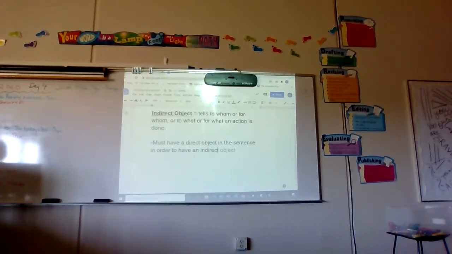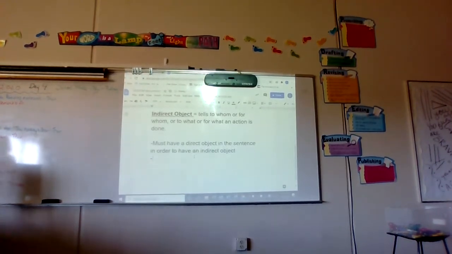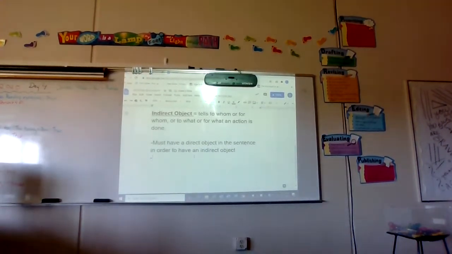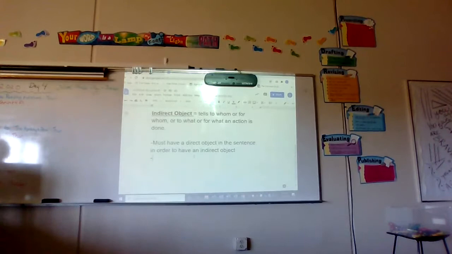The other thing is, an indirect object must come in between the verb and the direct object. It never comes after the direct object.